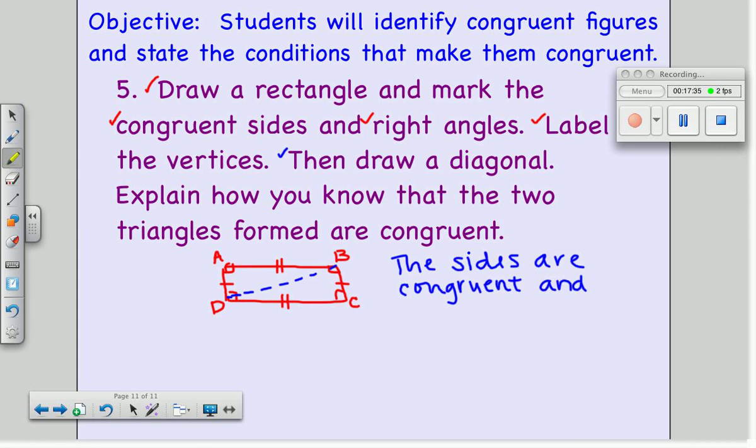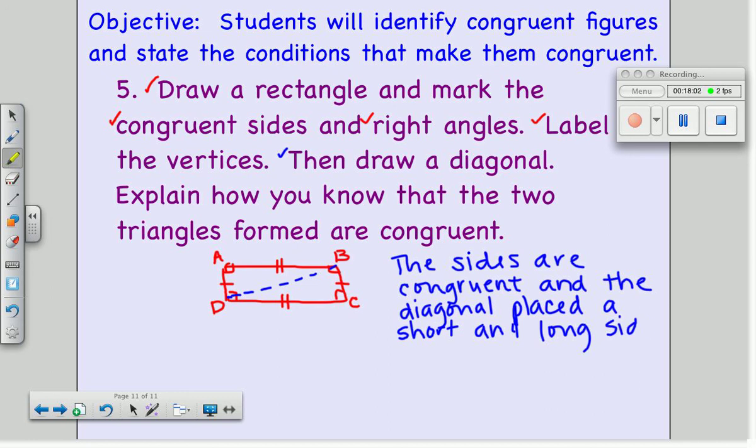And the diagonal placed a short and long side in each triangle.